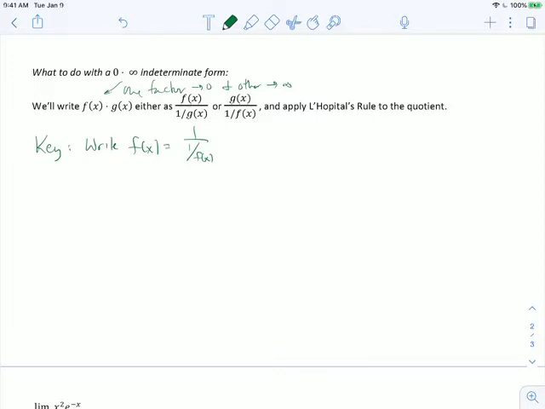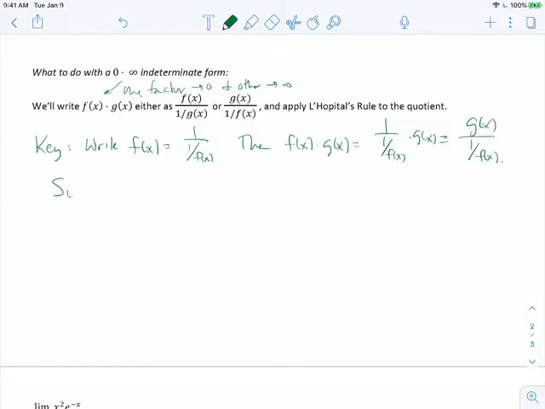So hopefully we'll see that in our two examples. If we do this, then f of x times g of x is the same thing as g of x over 1 over f of x.